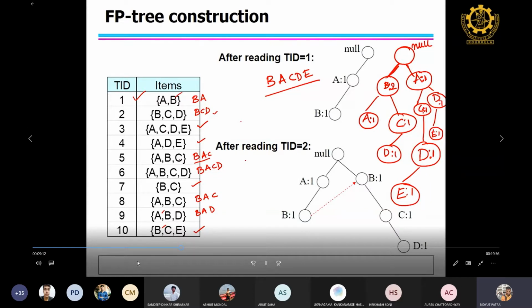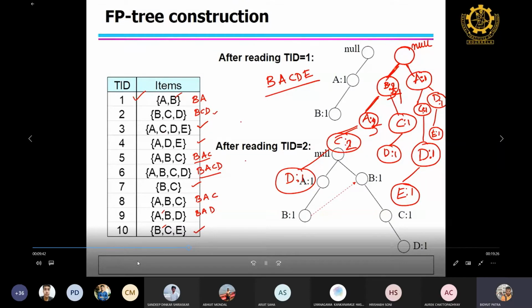So starting with B, then A, and then C. C is 1, but this will be incremented, this will be 3. Then B, A, C, D. So this is B, this is A, this is C, and this is D. So this is 1, this will be 2, this will be 3, this will be 4.